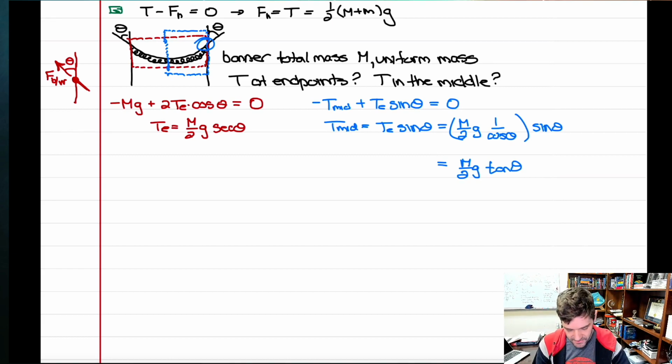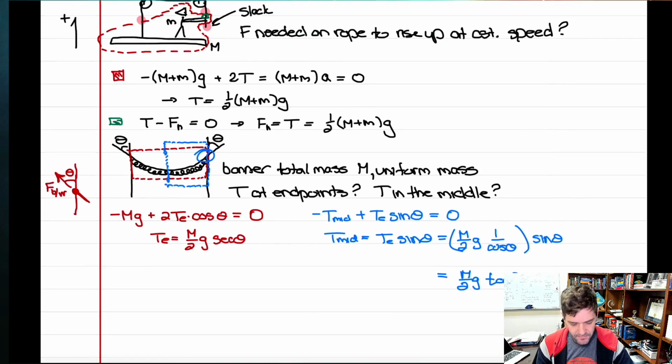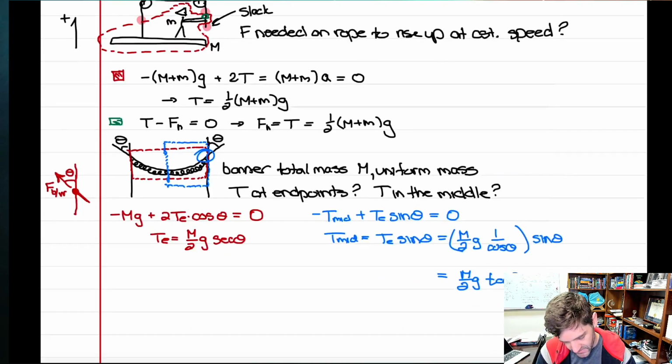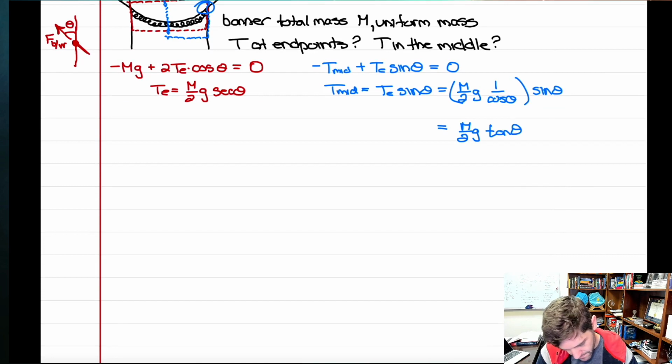So even in these kind of distributed cases, we still were able to say something about tension at particular points, as long as we are clever about the system we choose. And one I will not solve right now, but I'll leave it to you.